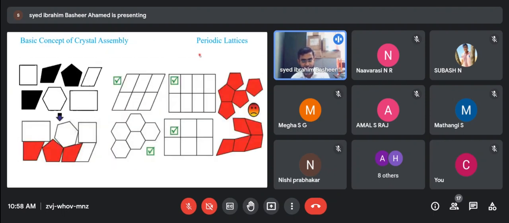Do you understand this, students? Yes, sir. Okay. So this geometrical arrangement, I will come back to. Now I am giving you an overall idea about this. There is a mathematical proof for 5-fold symmetry, which we will see in the following classes.